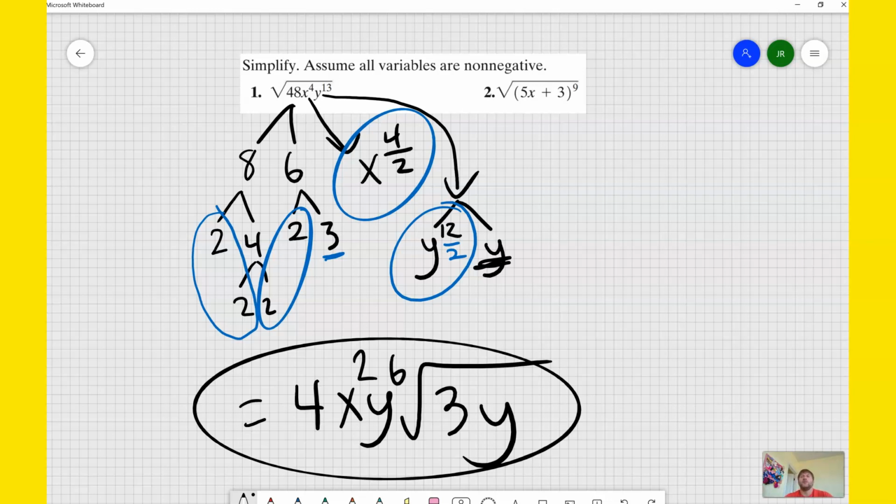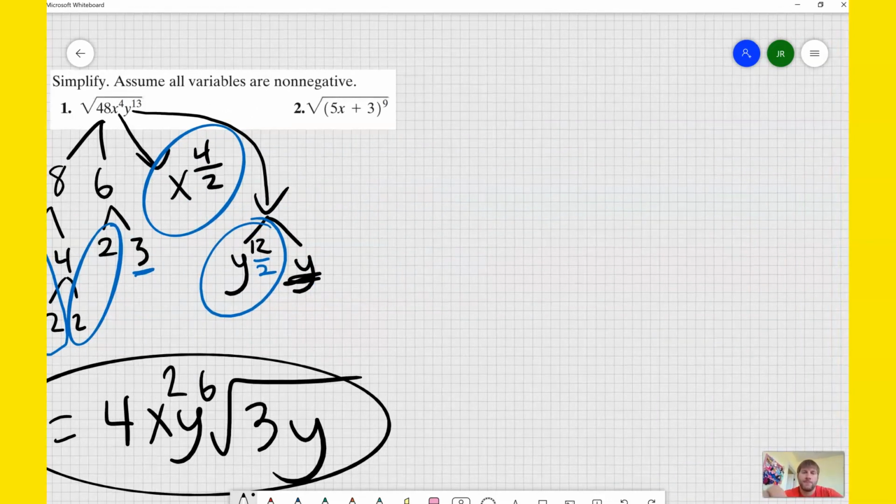All right, now let's do the second one. This 5x plus 3, think of that as one thing because it's grouped together in the parentheses. It's this whole expression. Think of that as one entity, one thing.